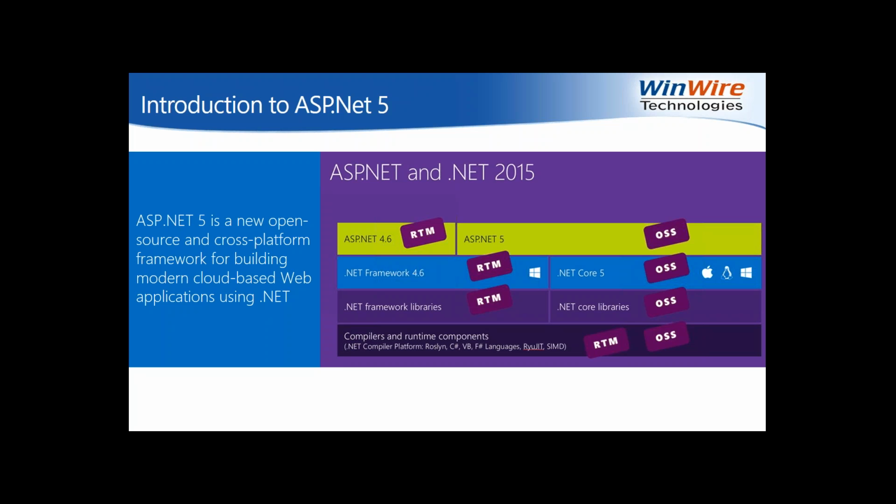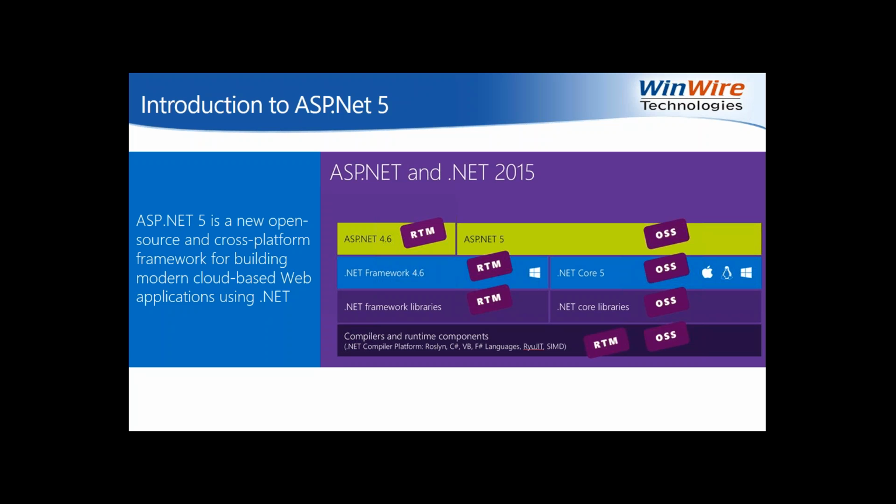And then comes the new version, which is ASP.NET 5. Now if you see, this overlaps between .NET Framework 4.6 and .NET Core 5. This is a very important step because .NET Core 5 is a subset of the larger .NET Framework, which can run on various other operating systems other than Windows.